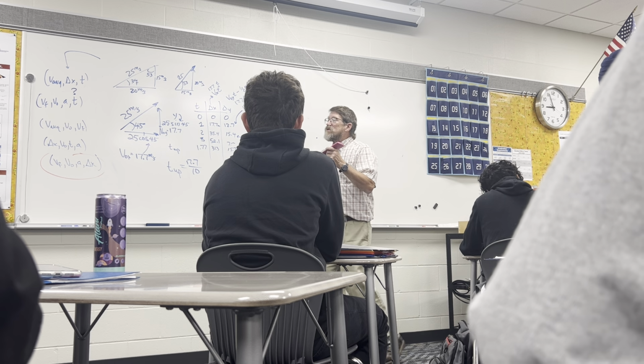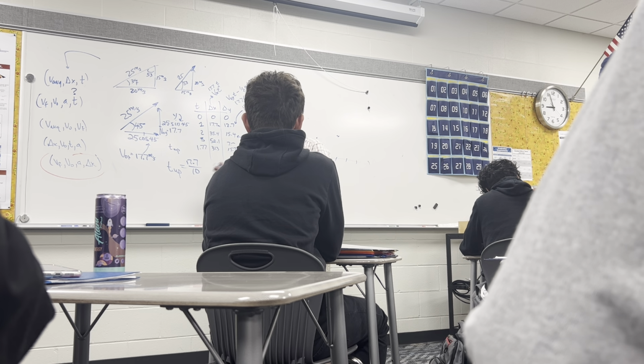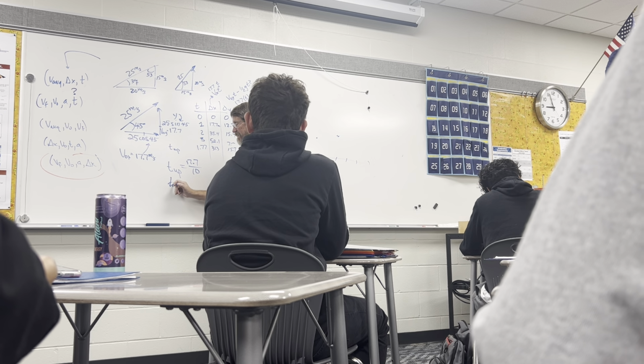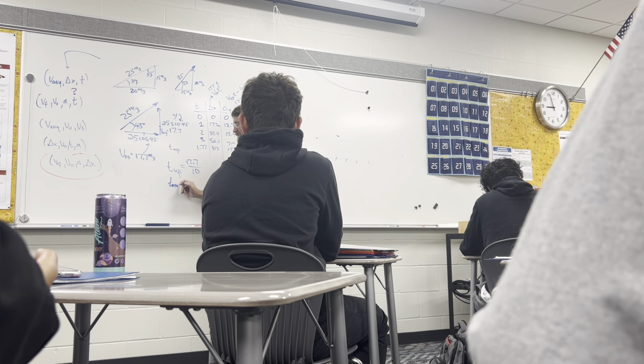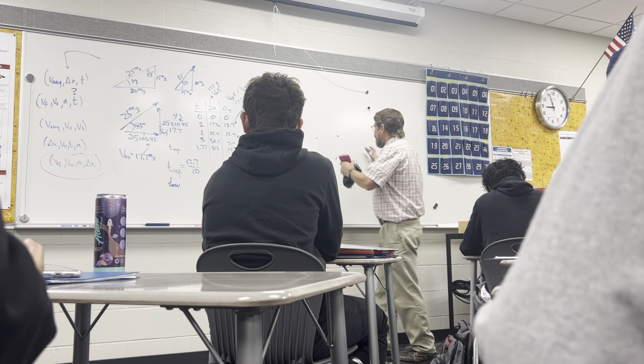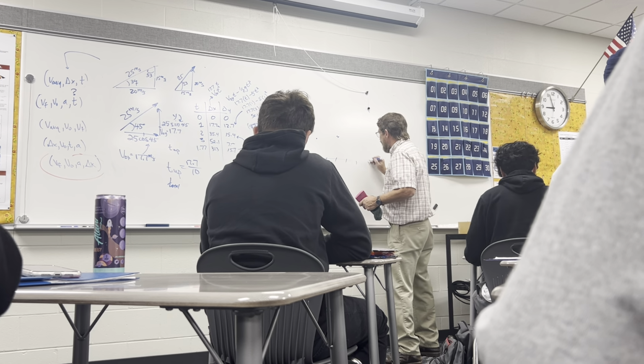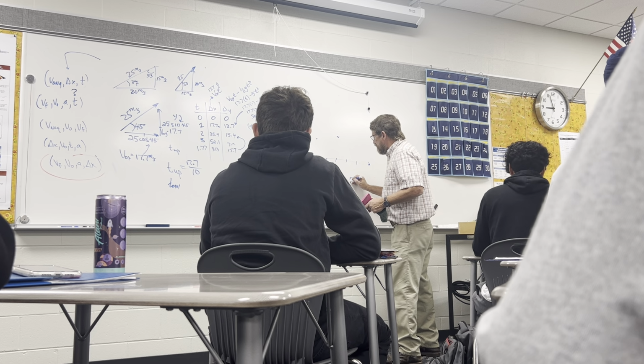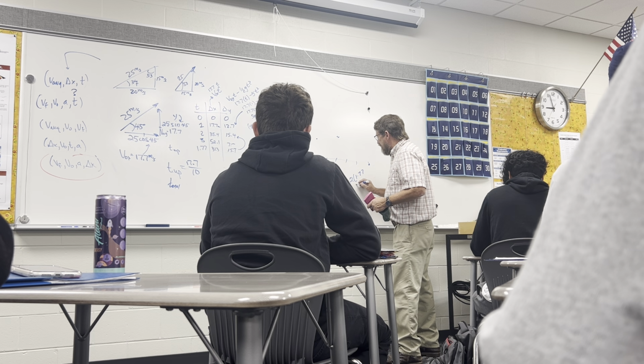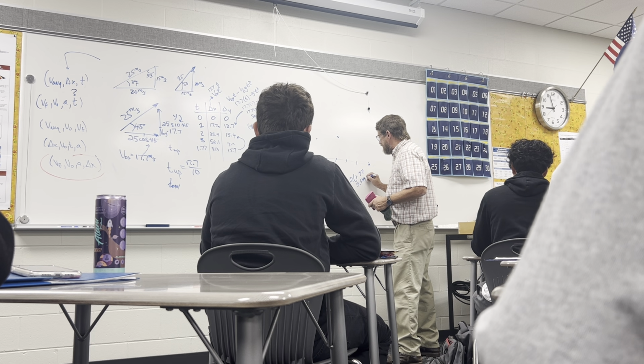But look at twice the time up. The total time of flight. It goes up for 1.77, it comes down for 1.77. And so the total time of flight is going to be 2 times 1.77, 3.54 seconds.